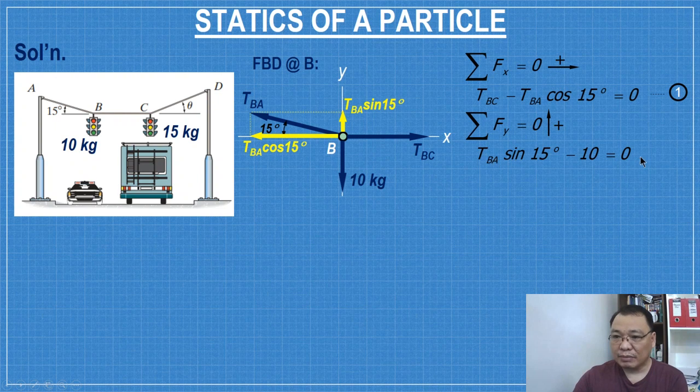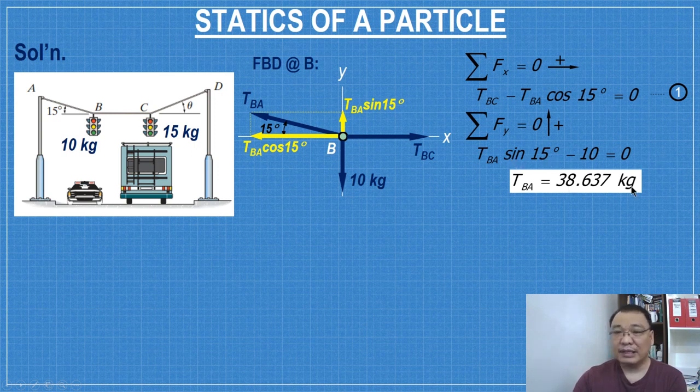So from here, you can solve for TBA. Transpose 10 and then divide it by sine 15. The result is this, in kilograms. In newtons, just multiply this by 9.81. After this, you substitute TBA in equation 1, and you can solve for TBC.